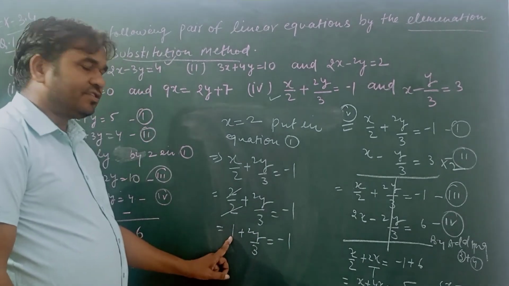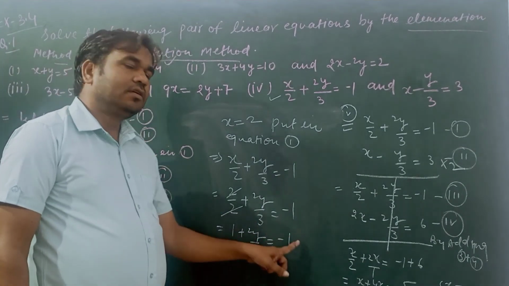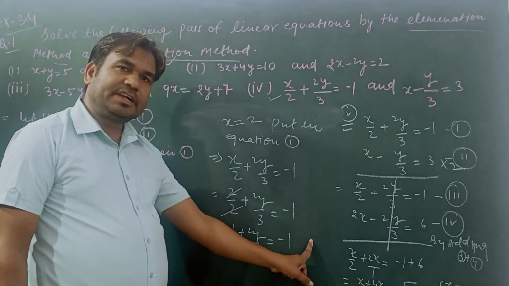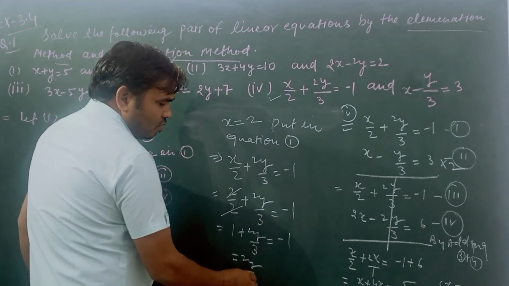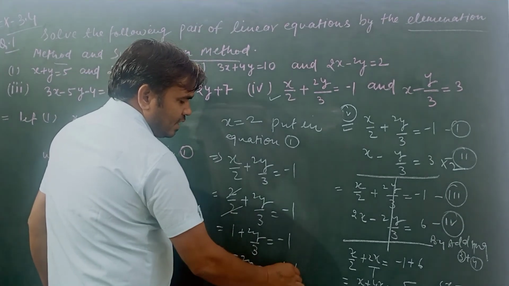Transferring 1 to the right side, the sign changes: 2y over 3 equal to minus 1 minus 1.